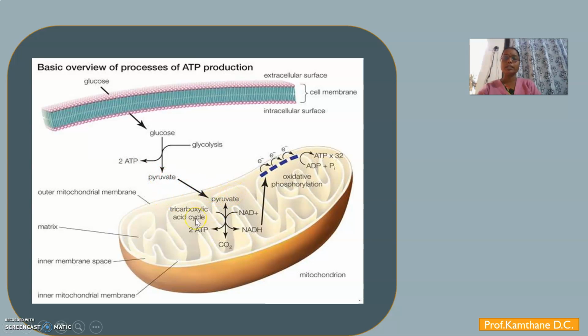undergoes the TCA cycle in the mitochondria, and this TCA cycle produces CO2 and H2, and ATP is released.